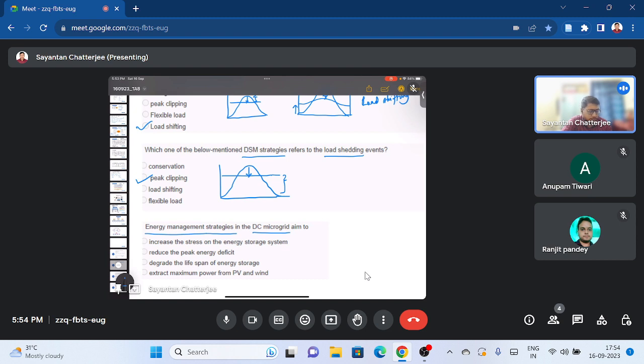Mainly for the DC microgrid part, the main aim is to degrade the lifespan of energy storage. This is not a possible case. Now, extract maximum power from PV, that is a case, but if we don't have that much energy storage, meaning the SOC of these devices is up to the full limit, then we can't take power with the MPPT.